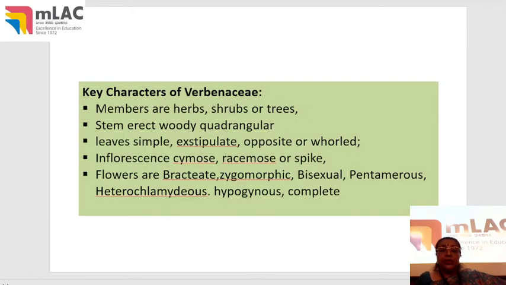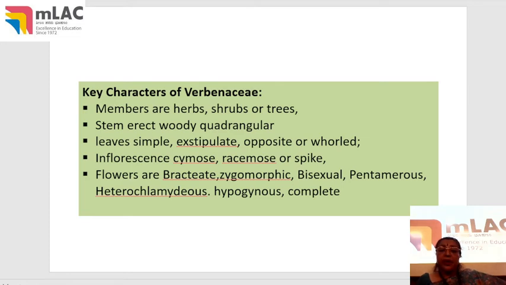Now, going to the salient features or the key characters of Verbenaceae, they are mesophytes, as the members are either herbs, shrubs, or trees. Stem is woody, erect, quadrangular, and rarely, as in Lantana, it shows prickles.